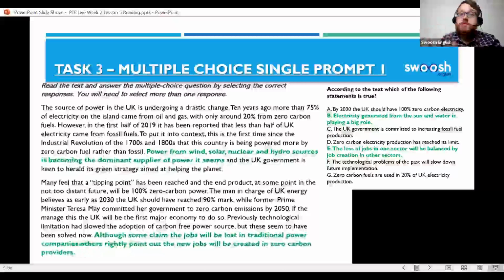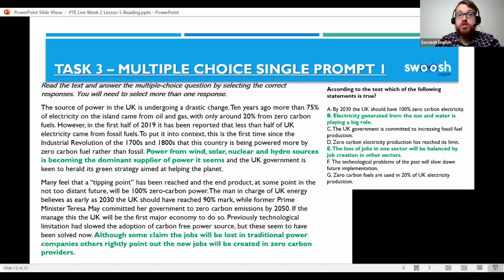We have some information here in the green text which directly supports B and E as our correct answers. Let's look at B: electricity generated from the sun and water is playing a big role. The text in green in the first paragraph directly supports this. Power from wind, solar, nuclear, and hydro sources is becoming the dominant supplier of power, it seems.